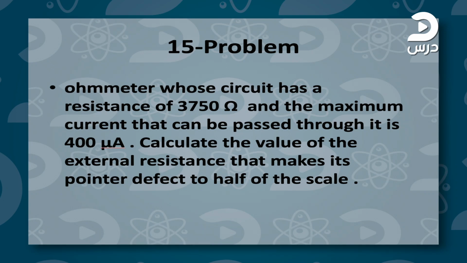An ohmmeter whose circuit has a resistance of 3750 ohm, and the maximum current that can be passed through it is 400 microampere. Calculate the value of the external resistance that makes its pointer deflect to half of the scale.